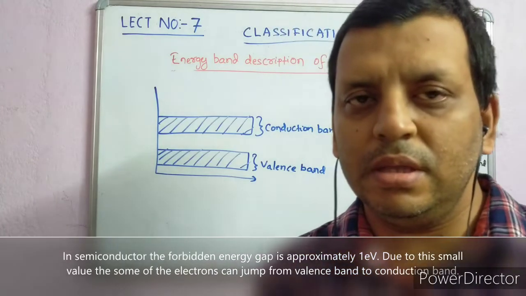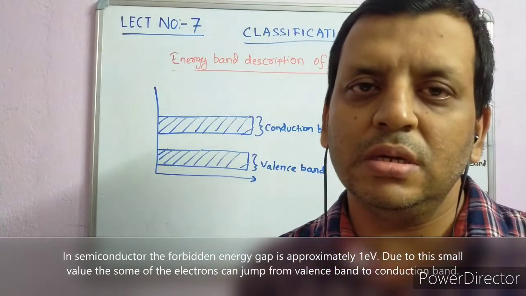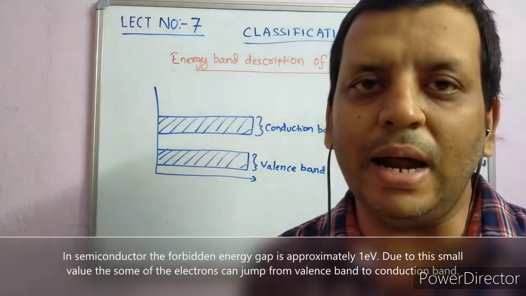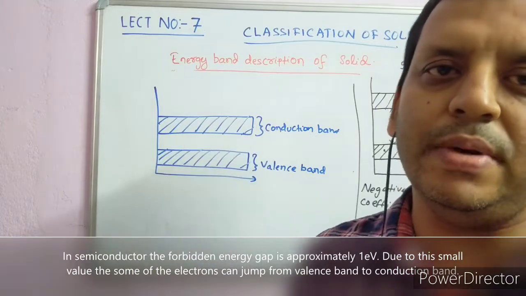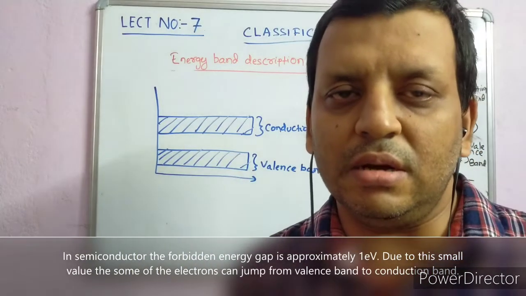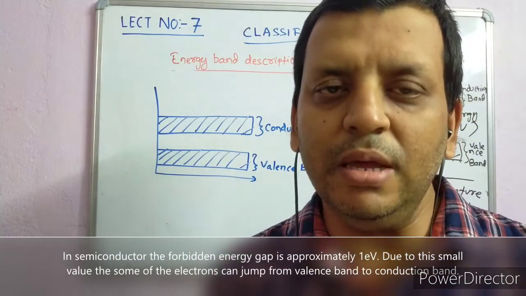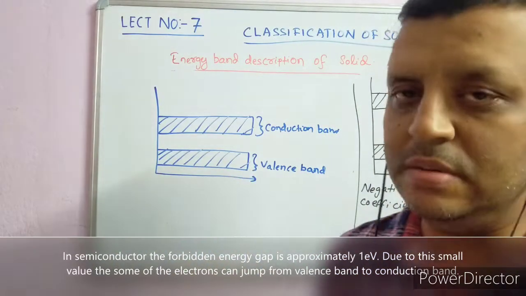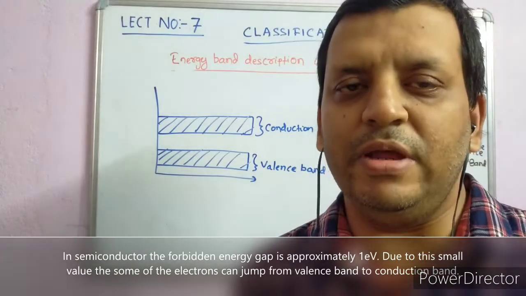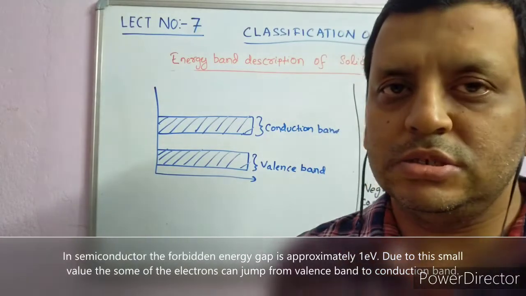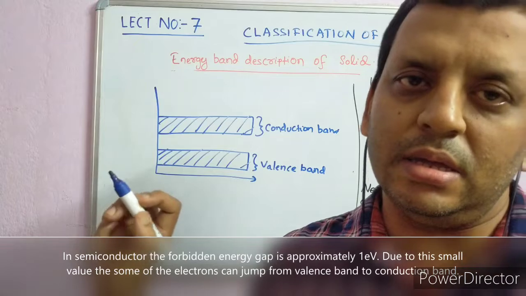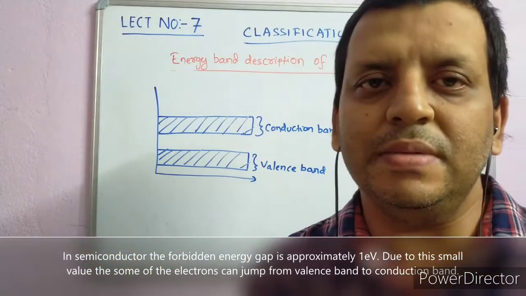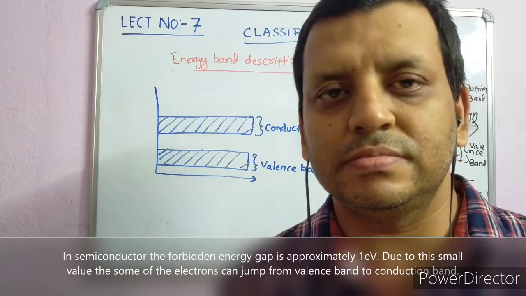If we decrease the temperature, we will hardly see any electron in the conduction band. So the conduction band becomes very empty, and the valence band becomes completely filled. That is why in that condition the semiconductor behaves like an insulator.